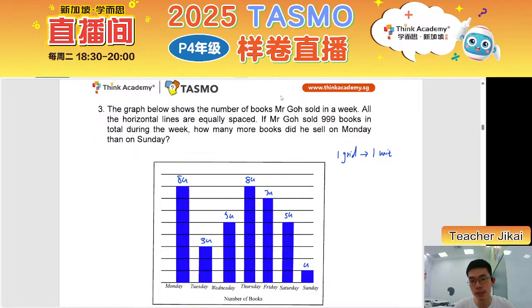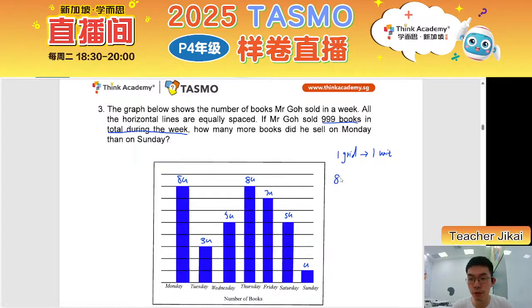And then we know he sold 999 books in total during the week. So all of the units add up to 999, right?